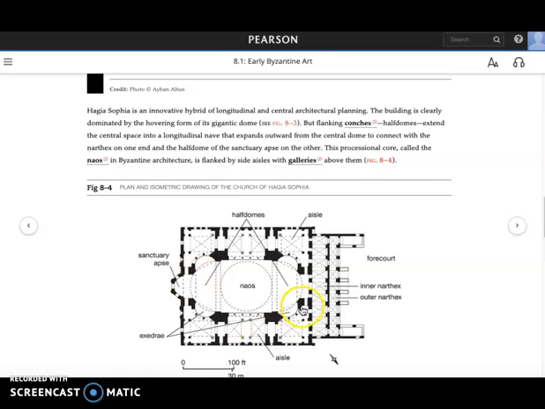So in terms of space and the real space of architecture, once you learn about longitudinal designs and centrally planned, you can notice that Hagia Sophia is actually a hybrid of the longitudinal and the central plan. Some students sort of jumped to the conclusion that it's a centrally planned building because of the dome, but in fact, that circle of the dome rests in a square that then is embedded within these elongated circular conches plus the apse.